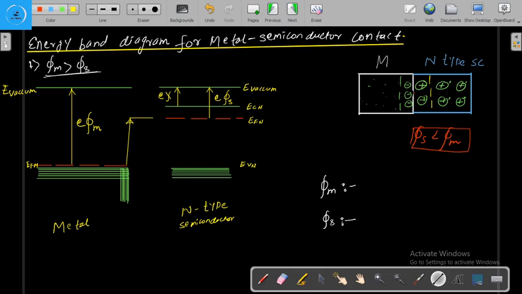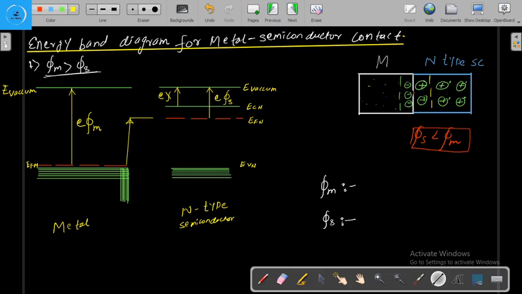So the alternate way is that we escape this electron from the Fermi energy of the metal to the EFN, and from EFN it goes to the vacuum by E phi s, since E phi s is less than E phi m.